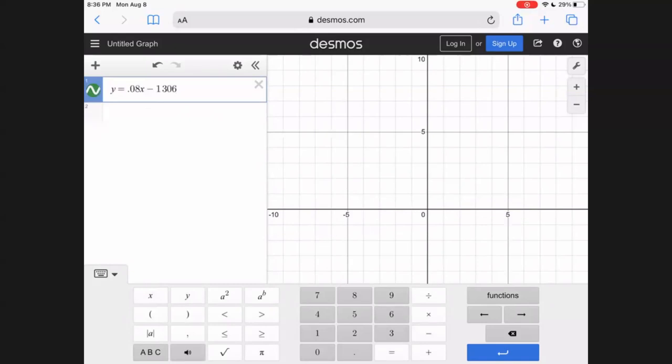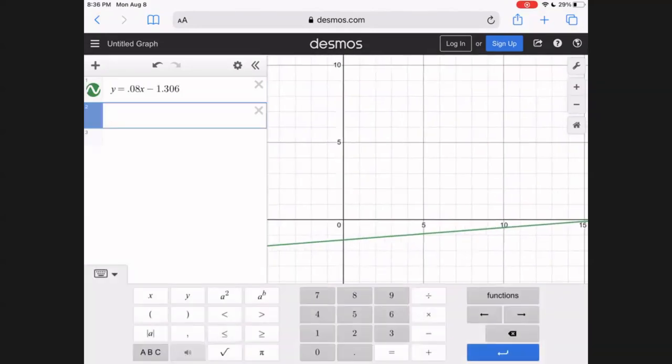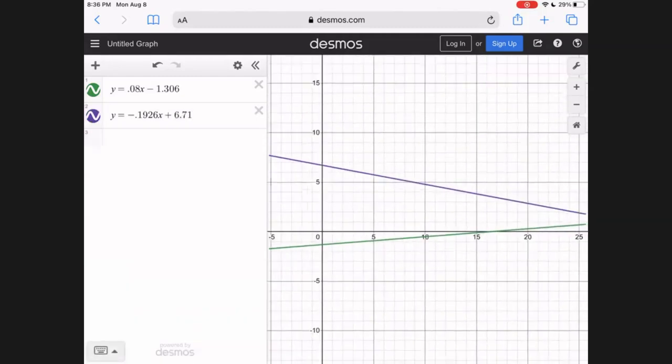Oh, I forgot my point. So we already kind of see the equation there. Let's have another line, y equals negative 1.926x plus 6.71. So where do these two intersect?